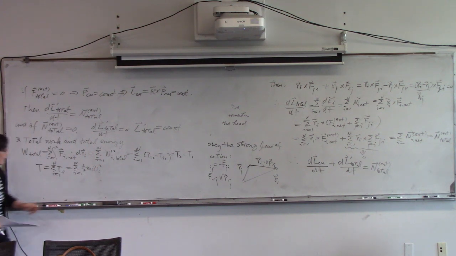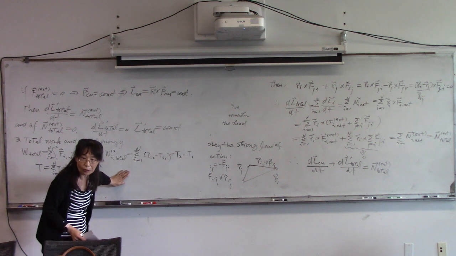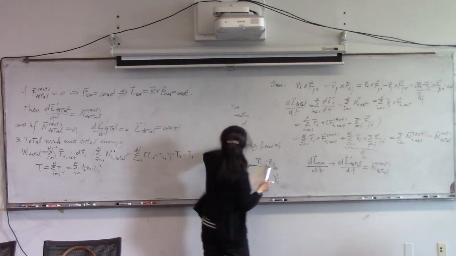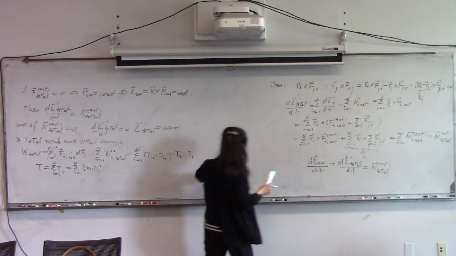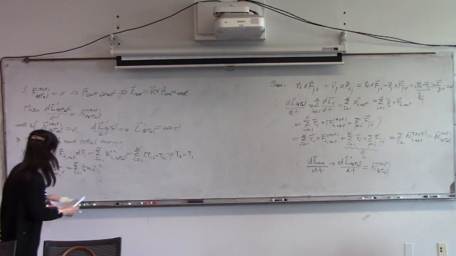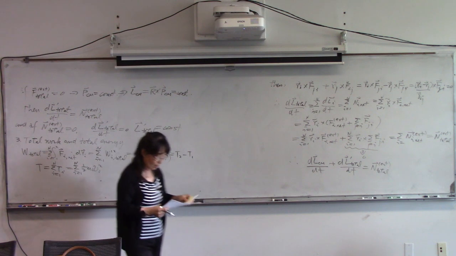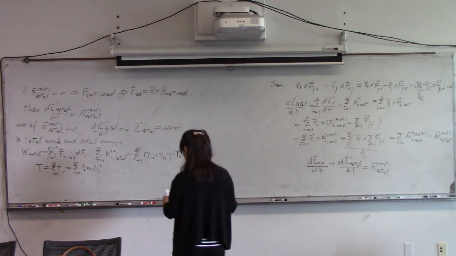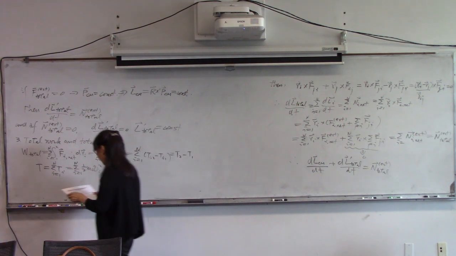I didn't introduce the center of mass here. This is still the absolute velocity for each particle, not relative. So now we have the total work done by the total force on all the particles.